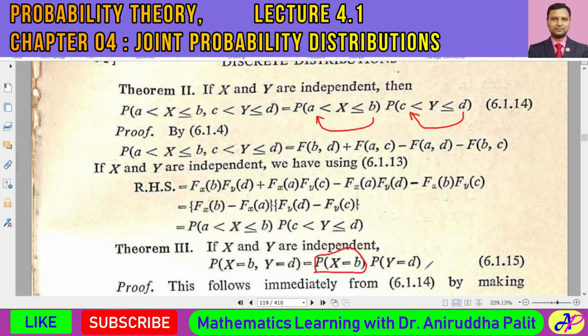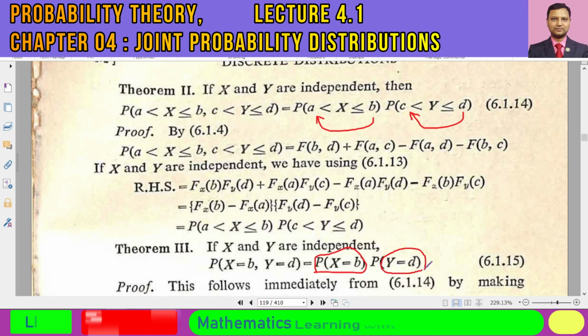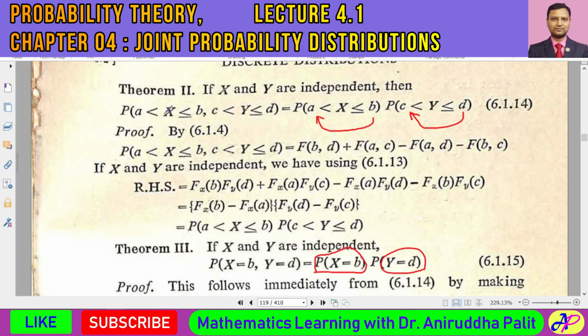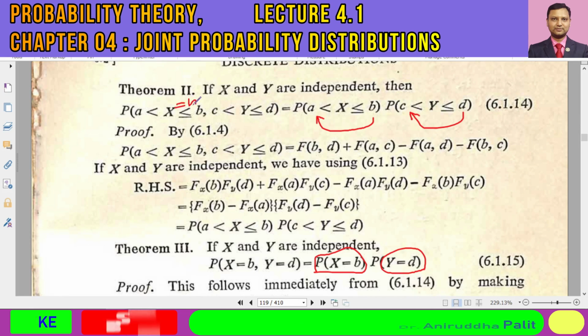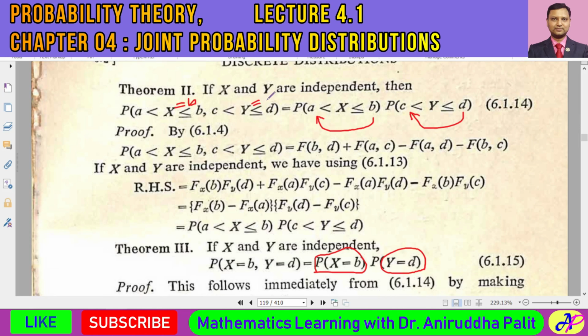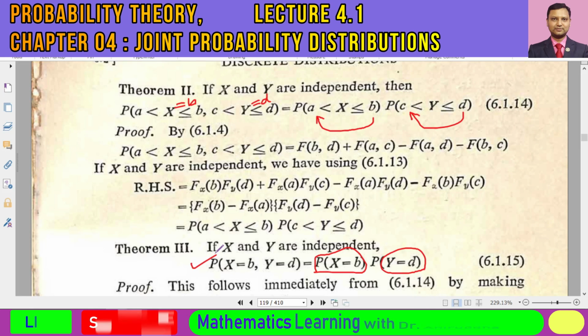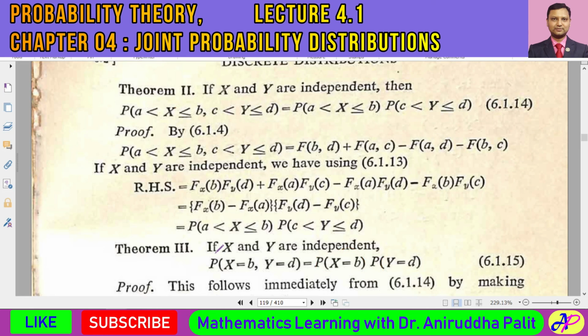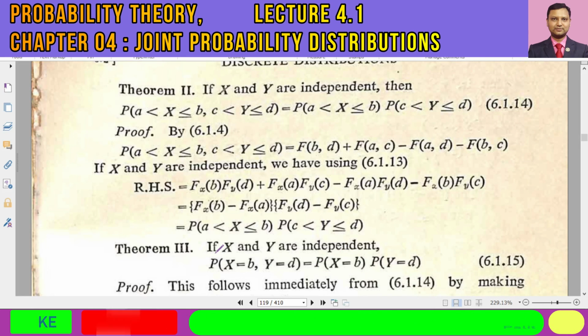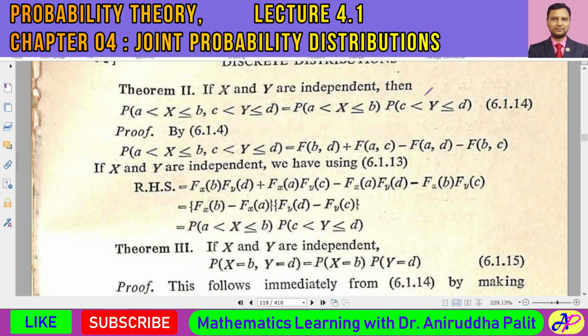And in that case, this would be x is equal to b, and this would be y is equal to d. So you will get this type of relation. So these three properties have to be used whenever we have independent random variables.